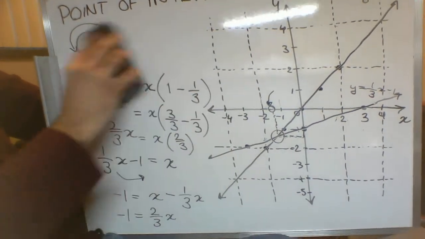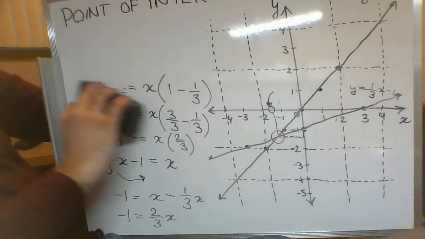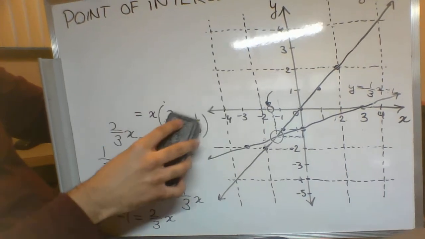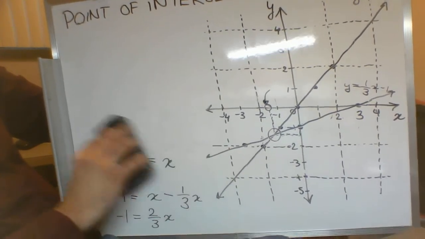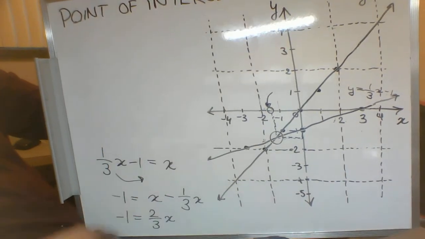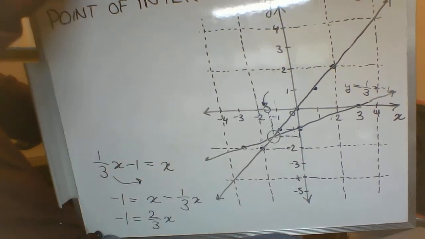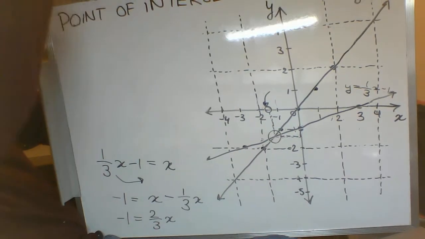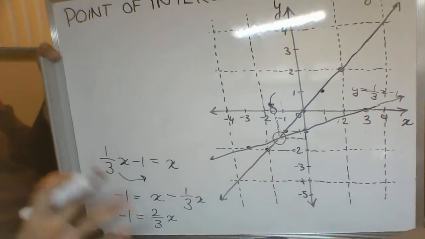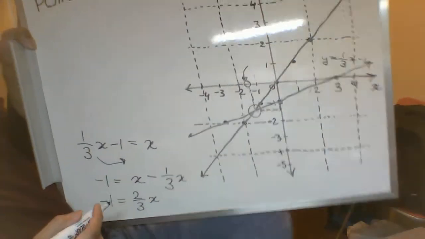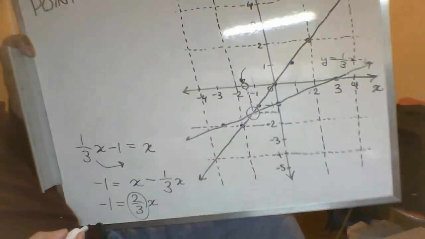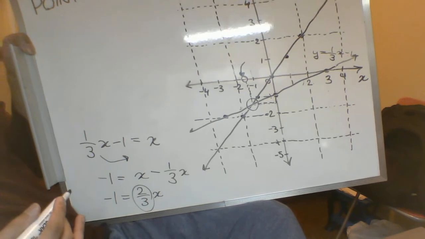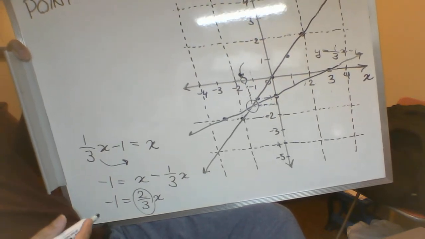We're just 1 or 2 steps away from getting our actual answer. So what we have is 2/3 of x is equal to -1. But I don't want 2/3 of x, I want just x. So I'm going to divide both sides by the number that's sitting out in front. So basically what I'm going to do is divide both sides by 2/3.